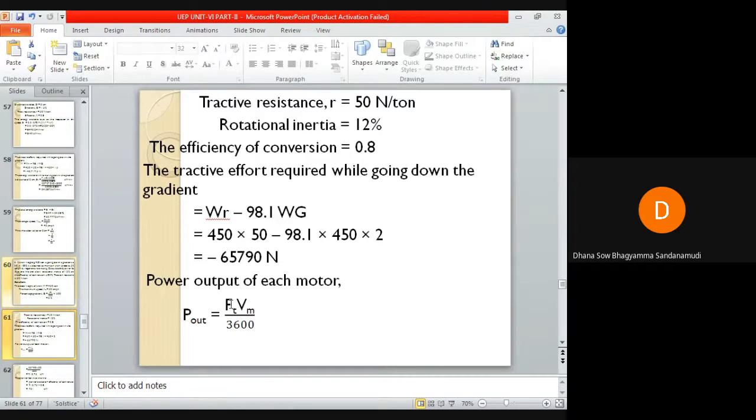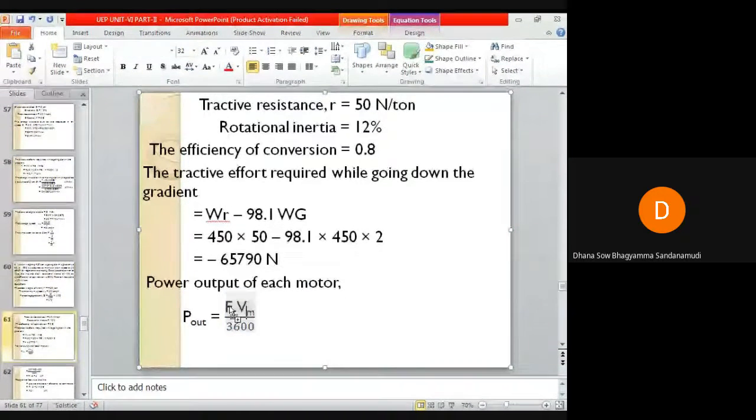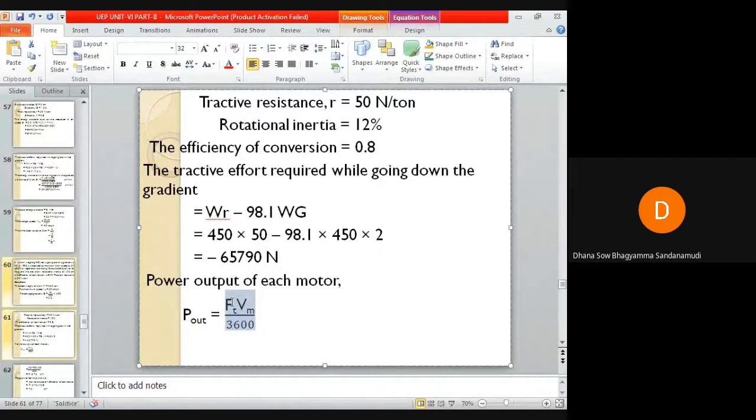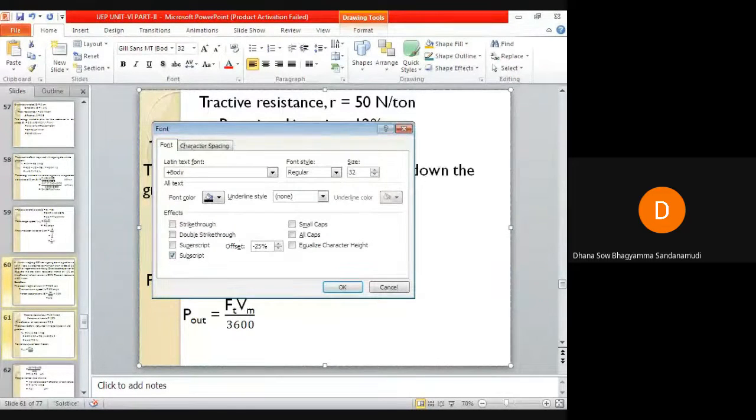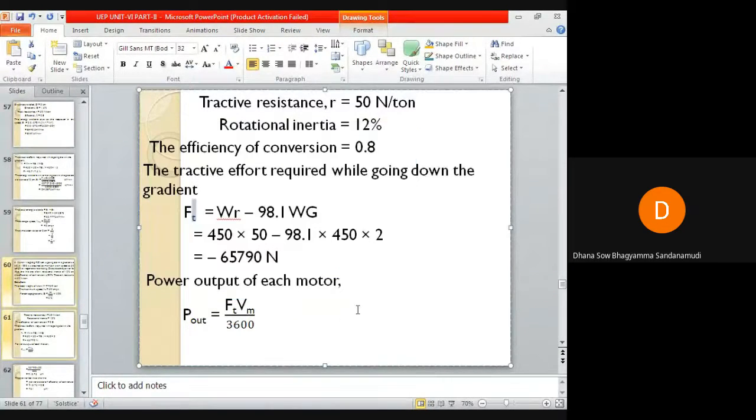So Ft is equal to Wr into 98.1 into Wg. That formula is well known to you.